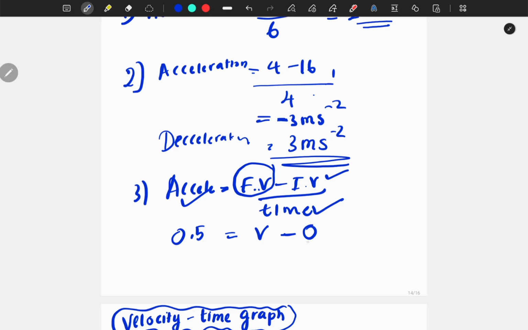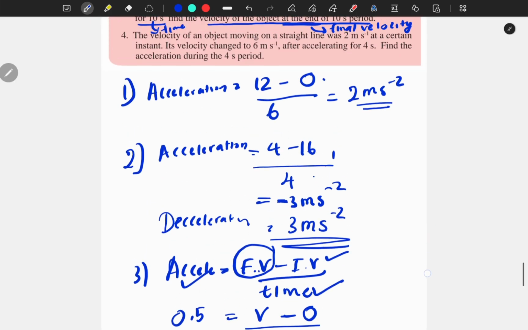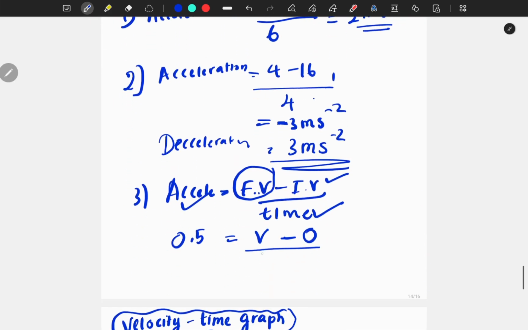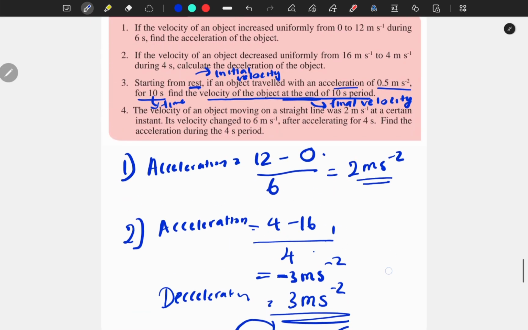Initially it is 0, so this whole part becomes v. Then time is 10 seconds. So how to solve this? You can multiply by 10, then it becomes 5. It becomes v because v minus 0 is again v. So this answer is 5 meters per second. That is the final velocity.